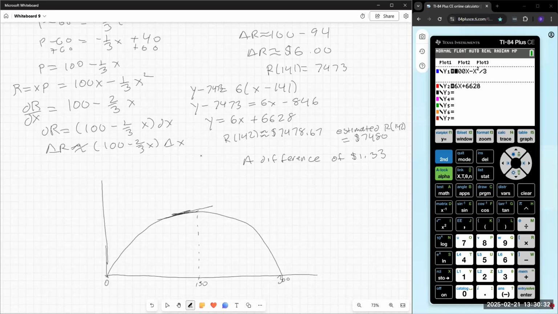I'm going to use my tangent line to help me approximate. So I'm going to zoom in just on this little bit of the curve right here. It's barely changing, but it's a little different than this. So here's 144 for me, and here's 145 for me.